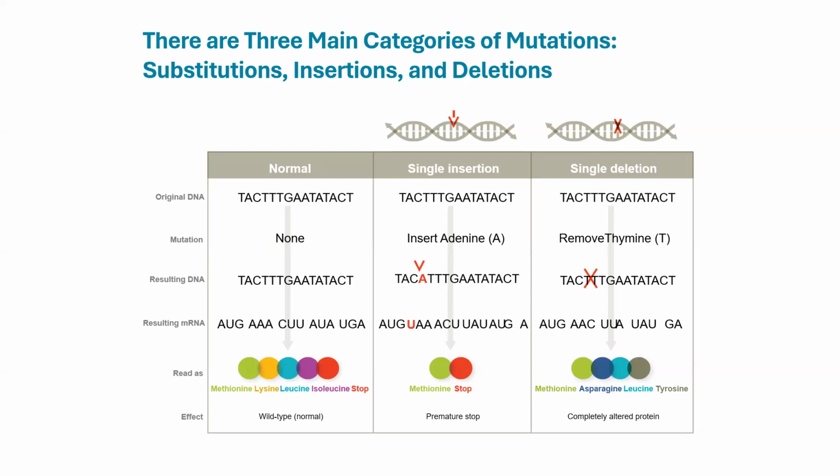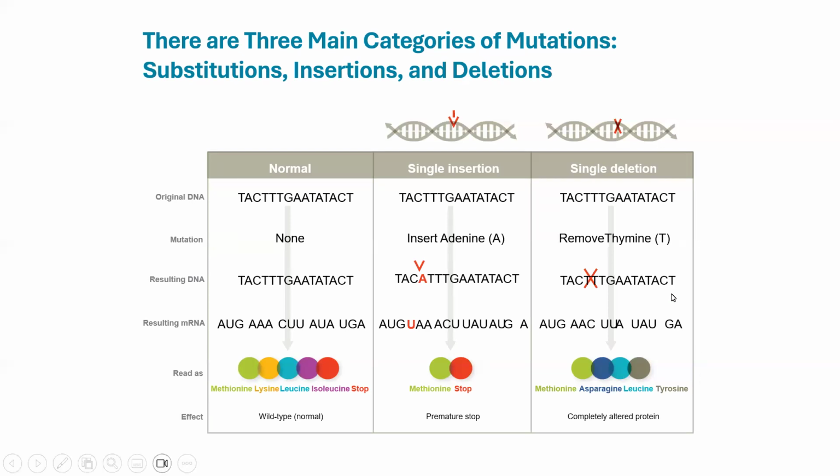Now, alternatively, if we remove thymine here, then we're frame shifting again, and now instead of getting lysine, leucine, isoleucine, we get asparagine, leucine, tyrosine. So we've changed two of the 4 amino acids overall.